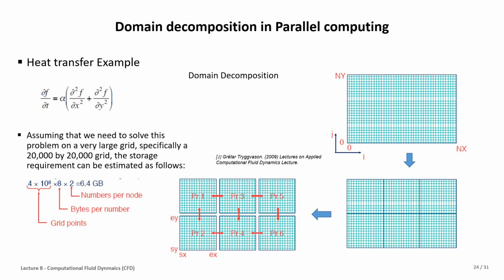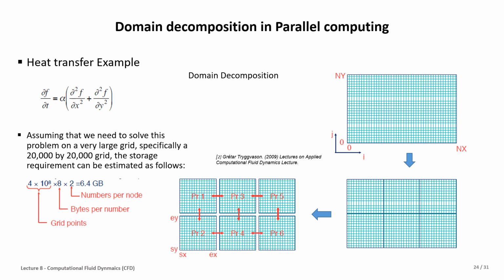Then the grid points are 400,000,000, and here you can see the number of nodes, and bits per number, how much storage is required for this kind of problem, which is 6.4 gigabytes. And you can see how the discretization of the domain is split into six subdomains to have a parallel computation for this domain.